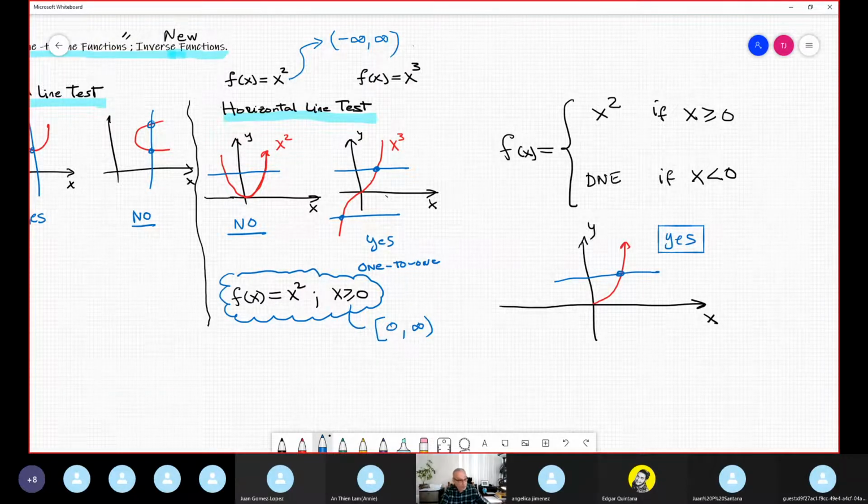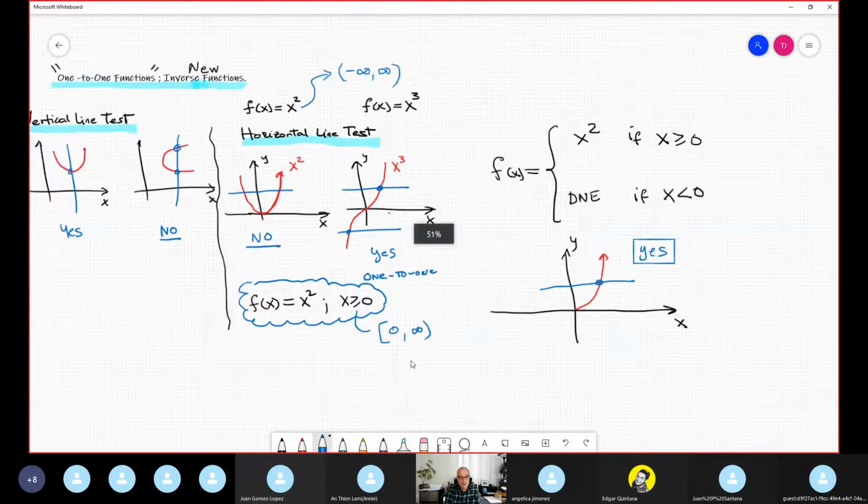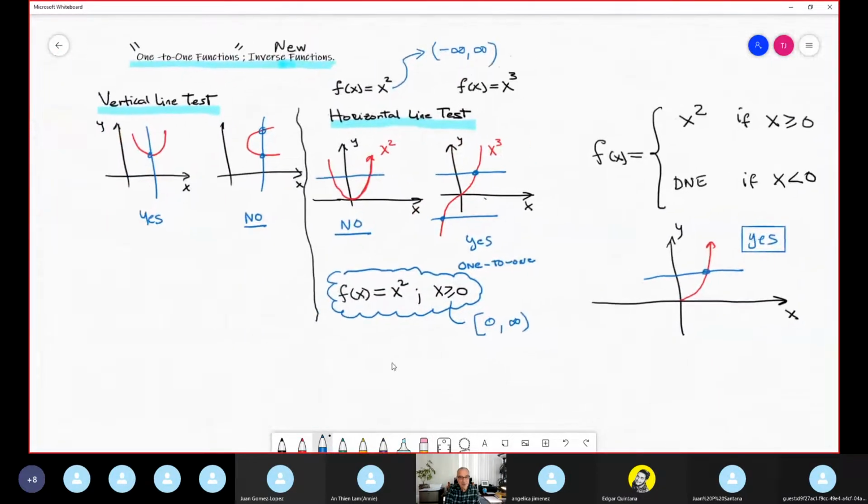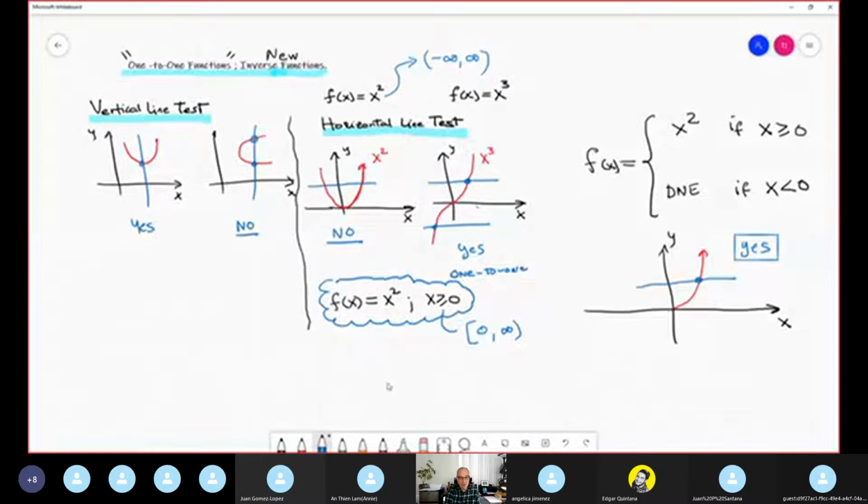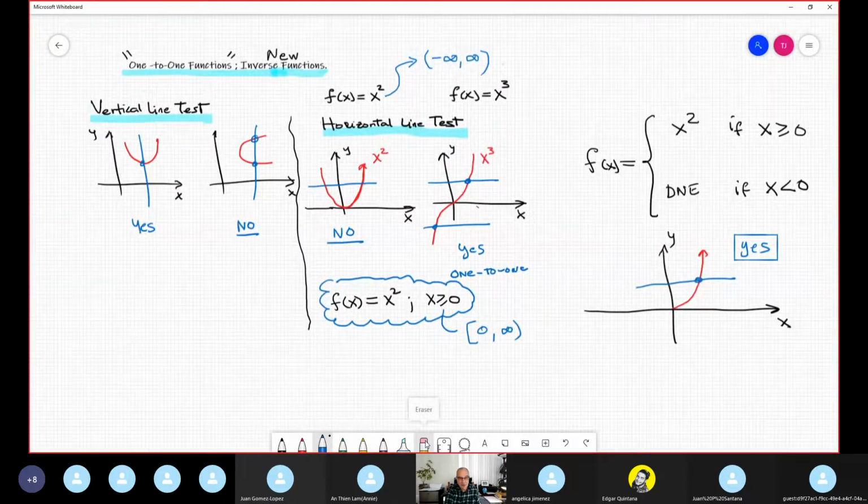Okay, one more thing, a theoretical thing, before I start the example. Remember, to find the inverse is easy, because, let me explain, let me erase the board.